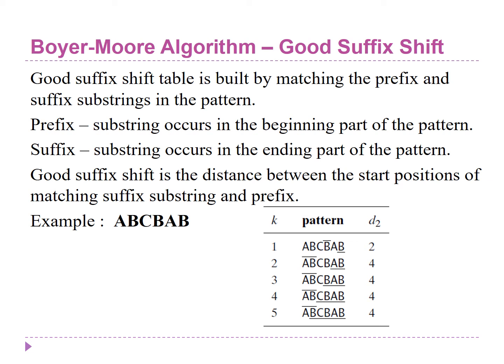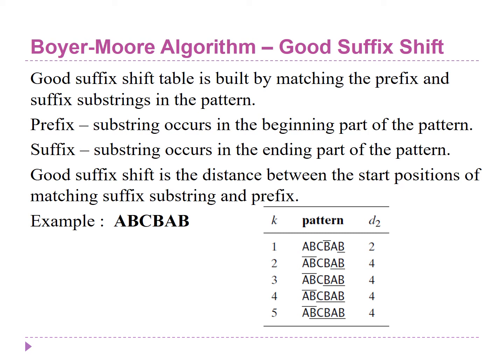Selecting the suffix from the end of the pattern, which is B at position 6, it matches the prefix at position 4. Hence, the good suffix shift equals 2. Considering the suffix AB starting at position 5 matches the prefix at position 1.